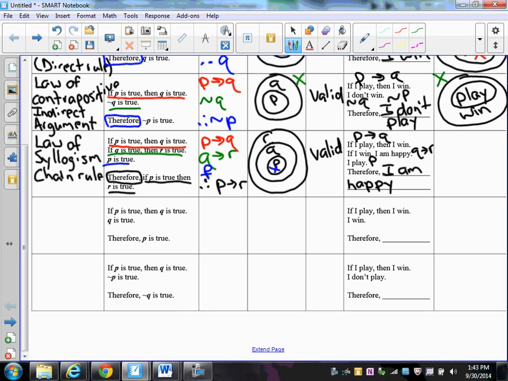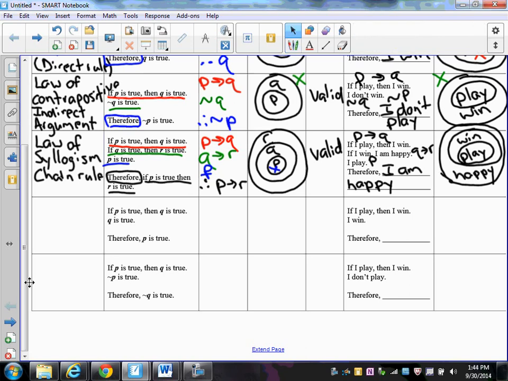So drawing this Venn diagram, we have play on the inside, that's P, win, and then we have happy all the way on the outside. So I'm told I play. So that means I'm inside the play circle.